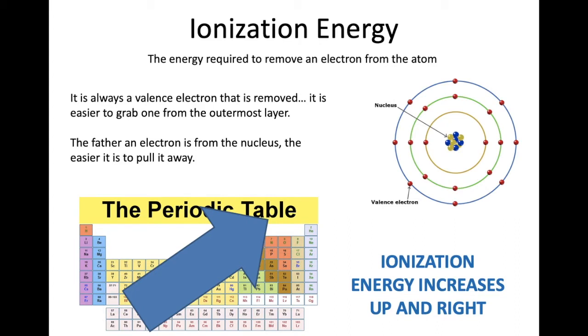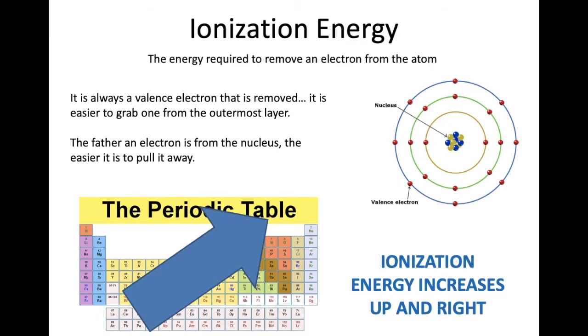This means that generally on the periodic table, as you move up and to the right, ionization energy increases. When you're up in the right-hand corner, it takes a lot of energy to remove an electron from the outermost energy level. When you're in the bottom left of the periodic table, it doesn't take as much energy to remove those valence electrons.